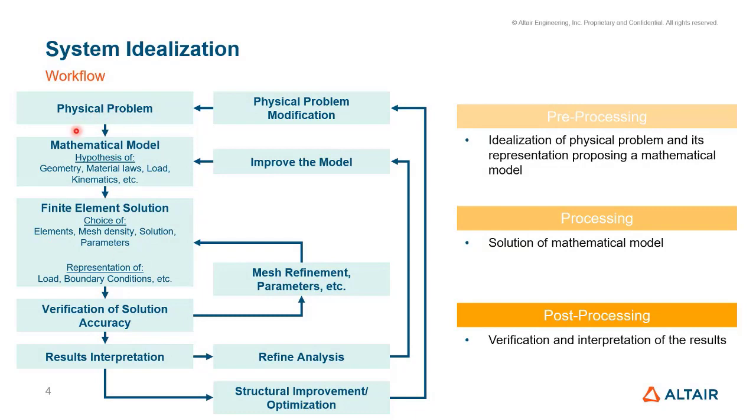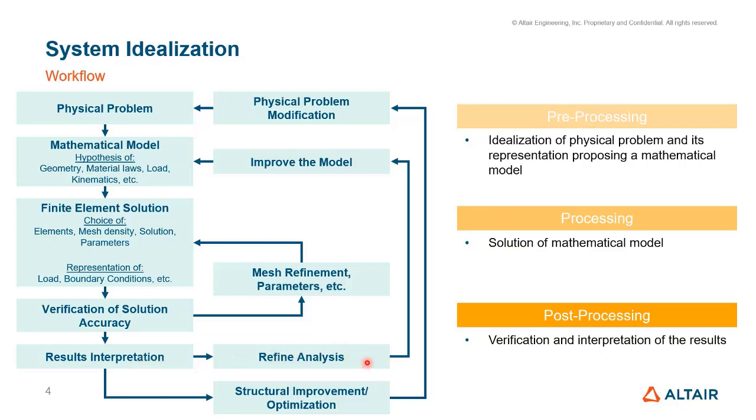We've talked about only these three blocks right here on the top part. But after our finite element solution, we need to verify the solution accuracy and results, interpret those results. In case we feel there are more things to be added in that solution, we need to refine our analysis.